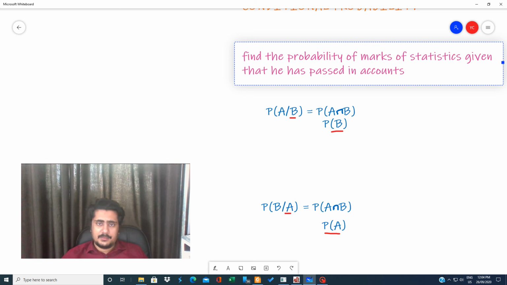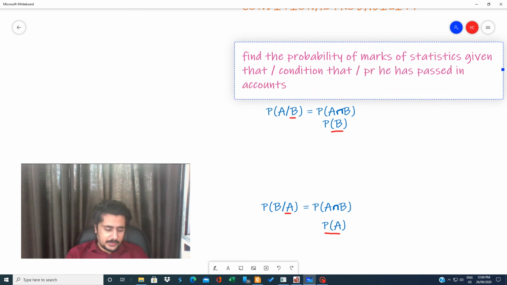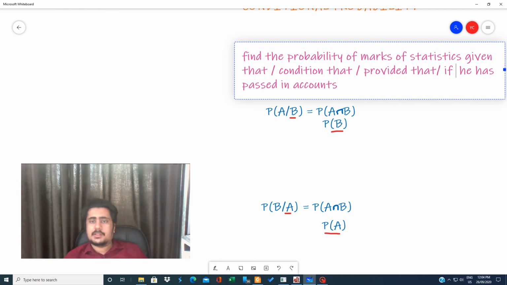Now this "given that" is the sign, the words that you have to pick up, that this is a question of conditional probability. How many such words are there? Sometimes it is written "condition that", sometimes "provided that", sometimes "if".